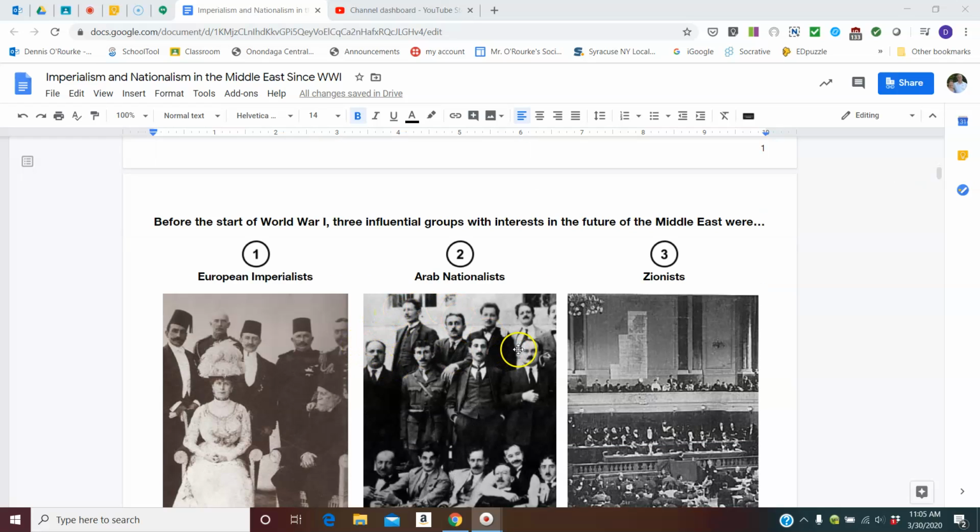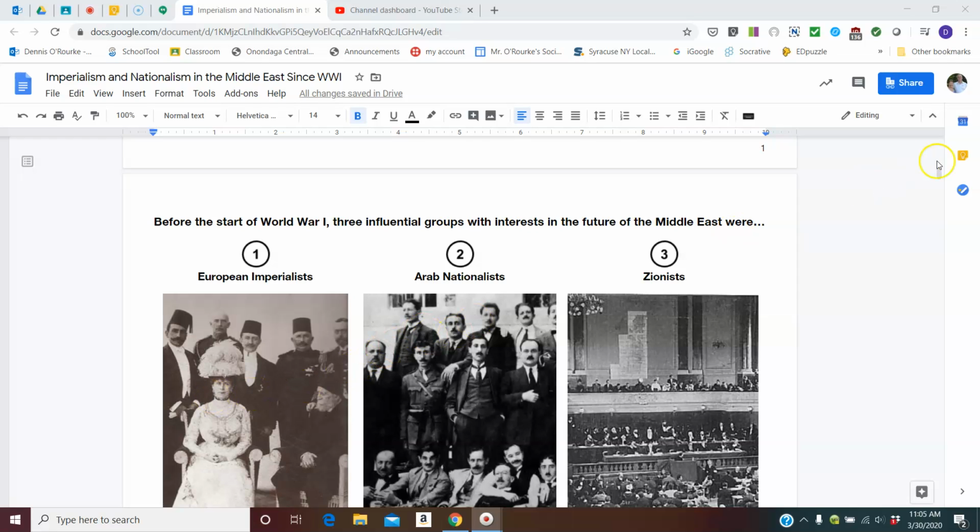we'll see here that there were 3 basic influential groups in the Middle East prior to World War I, and they really stuck around through at least World War II. You had European imperialists, predominantly English, but also some French.